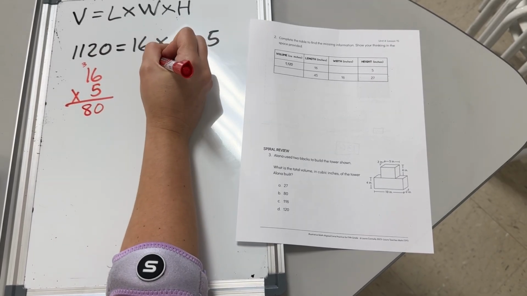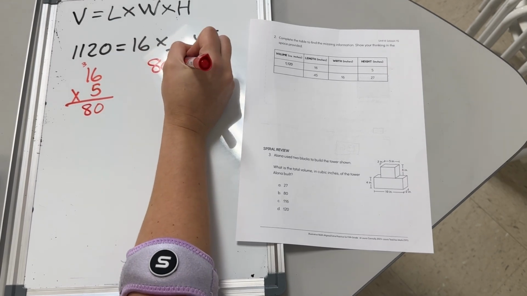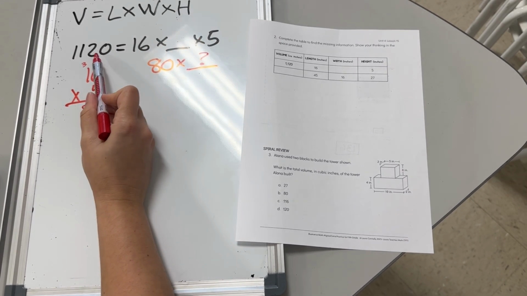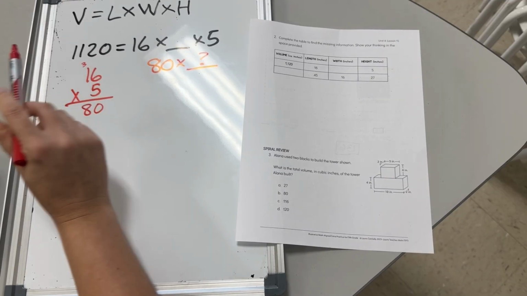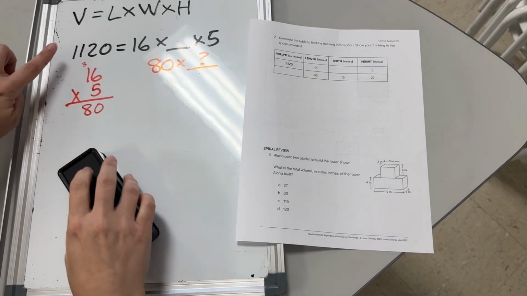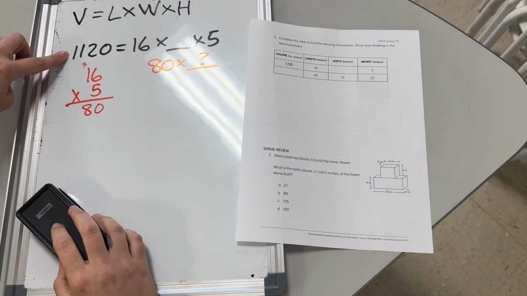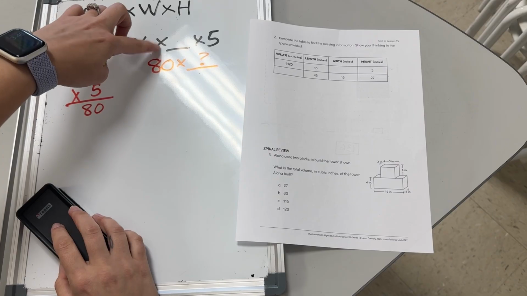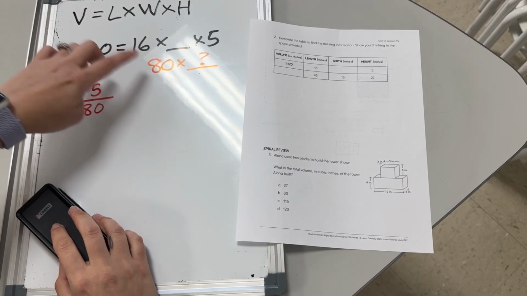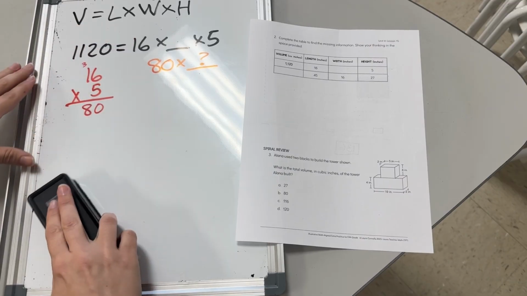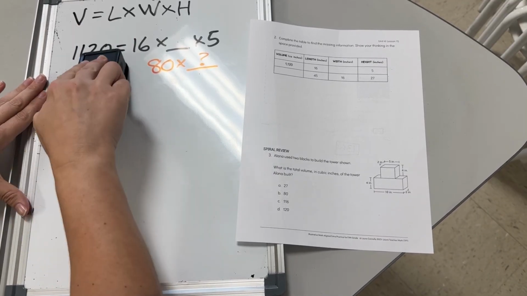So now I know that 80 times a mystery number is going to give me that 1,120. To figure that out, I'm going to have to take the 1,120 and do the inverse of multiplication, meaning the opposite. So I'll have to divide 1,120 divided by 80 to get my final answer.